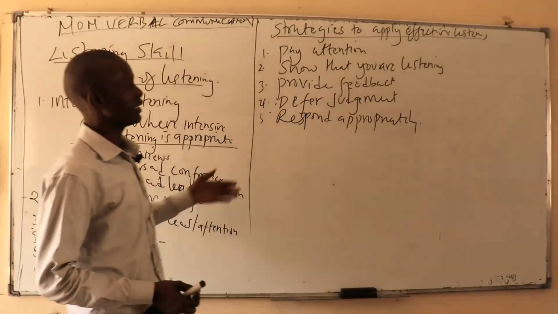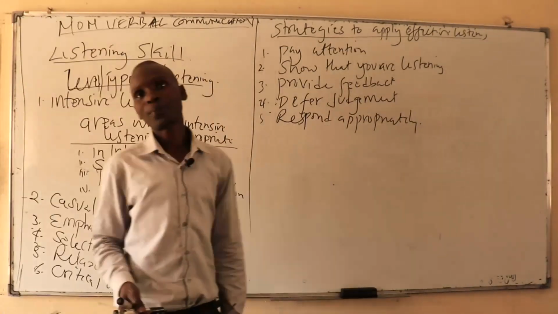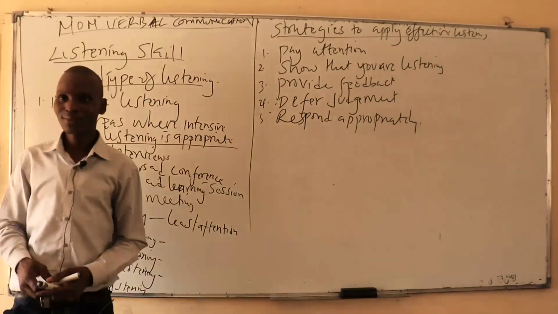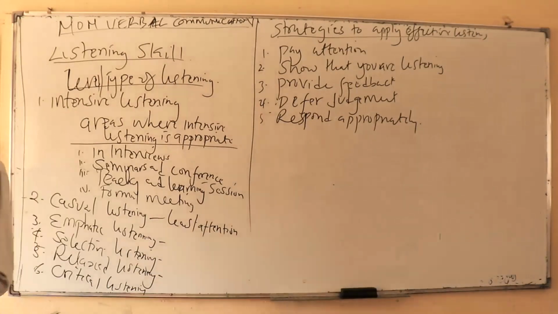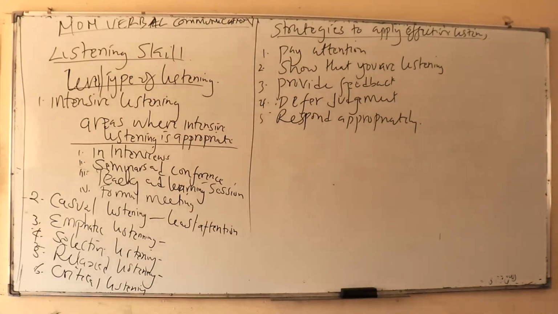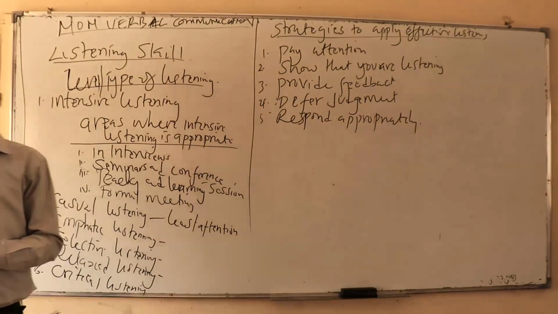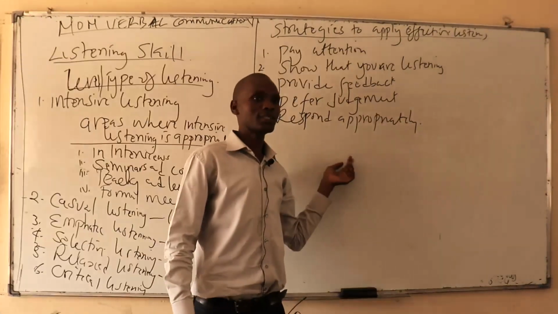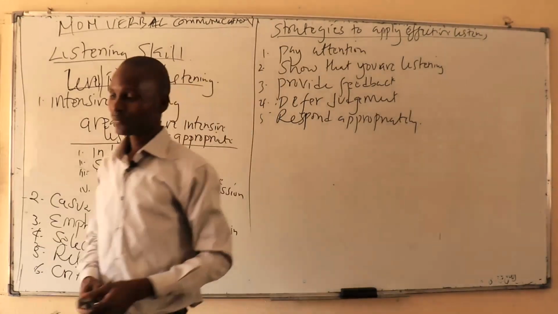Then respond appropriately. Like if someone tells you that the class is over, maybe to respond to that, you clap and you say, thank you. So that person will automatically know that you are applying effective listening.